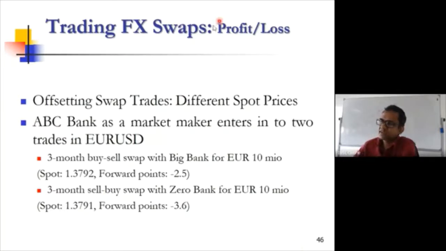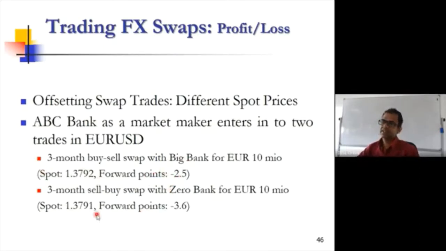In this, as I mentioned earlier, we assume two trades take place at two different spot prices. The information is given here. For the first trade, again it's a buy sell swap, 3-month buy sell swap for euro 10 million. The spot is 1.3792. Forward points are minus 2.5.